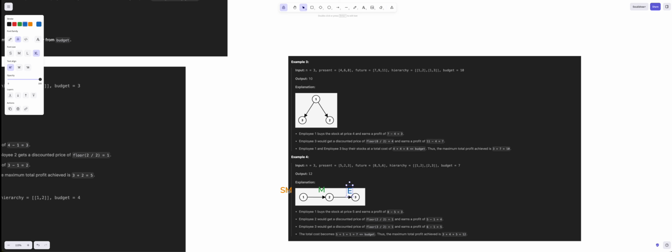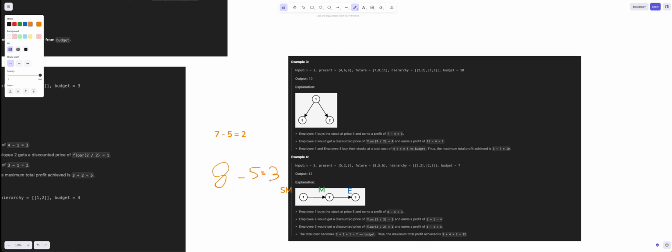What if our senior manager purchases the stock at the full price, which is 5, and our budget is 7? So 7 minus 5, the cost left is 2, and then we sell that at 8. So we get a profit of 8 minus 5, which will be 3.